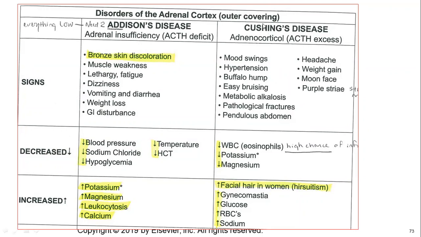Here, the Cushing: mood swings, hypertension, buffalo hump, moon face, weight gain, but weight loss down, up, weight gain, metabolic alkalosis, pathological fracture, right?